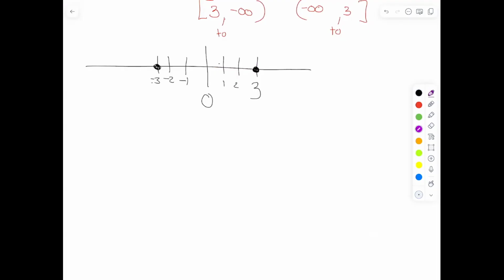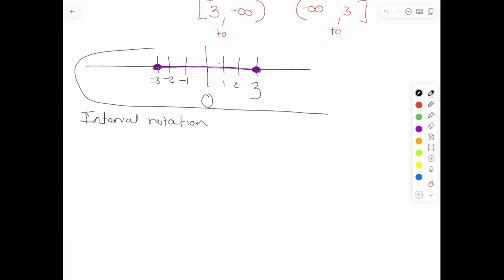If this is the line that I have in purple, how would I write this in interval notation? Let's say I'm just looking at the number line. I would have to look at this value here at -3. Is it solid?